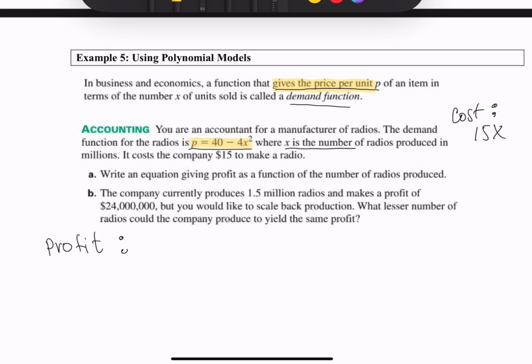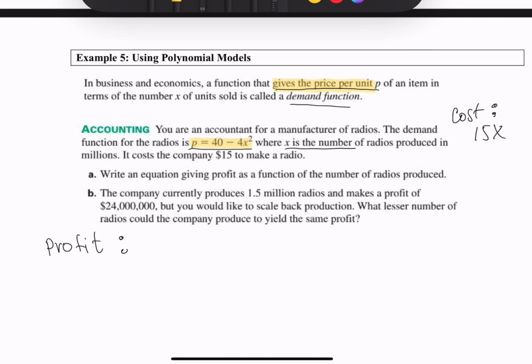Profit's not really just about how much money you bring in. It's also about getting rid of all the expenses that you have. And remember, that cost was $15 per radio. So the money that we bring in is this price per unit, this demand function, times the number of radios that are sold, minus the $15 per radio times the number of radios, right? Because that's basically the cost.